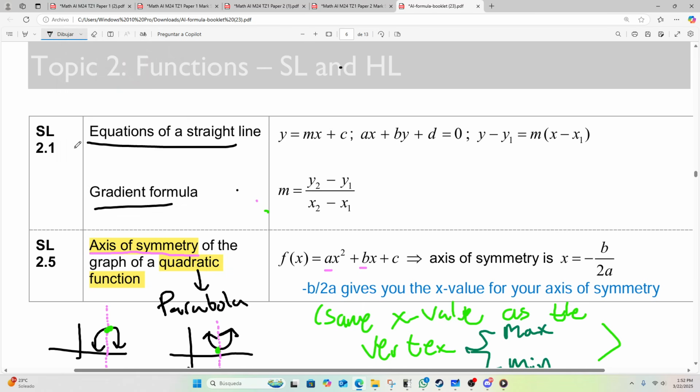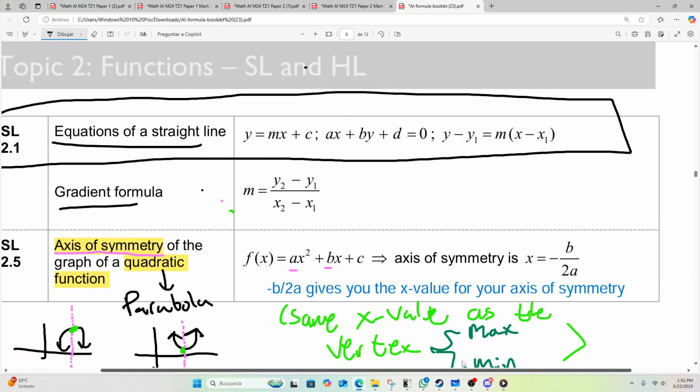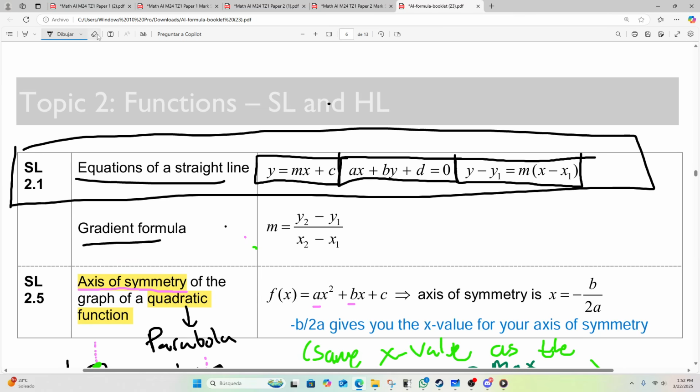In respect to equations of a straight line, this is a big tip. Usually when I teach this part, most people are like, oh my god, really? And I'm like, yes, really. So hopefully you have that moment. This right now is 3 different equations for straight lines. And what most people struggle with is understanding which one to use when.